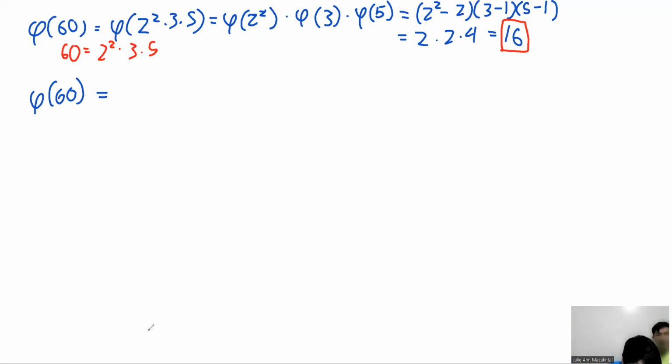Careful, write properly. Don't rush. So this is 2, one of the primes: P1, P2, P3. They become the denominators.